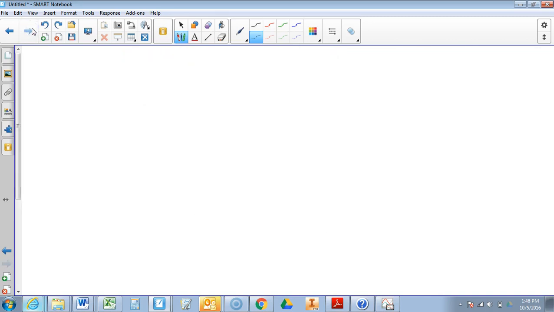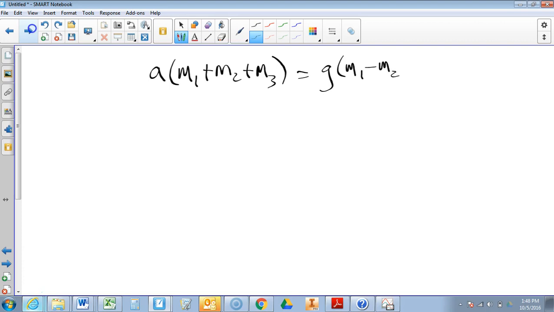There was a point when we had, let's see, it looked like A times (M1 plus M2 plus M3) equals G times (M1 minus M2). So if you recall, we had that point a little bit ago. What I want to do now is I actually want to solve for A. You'll see why in a moment.